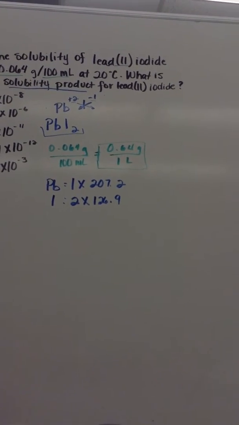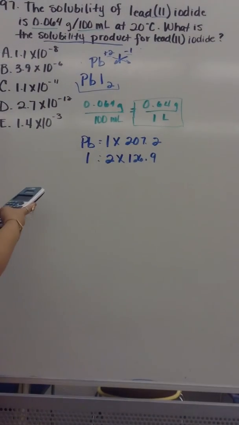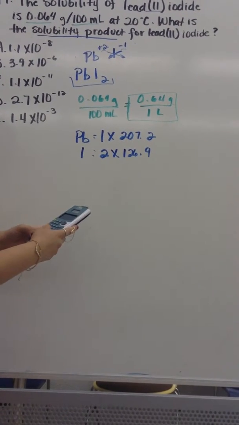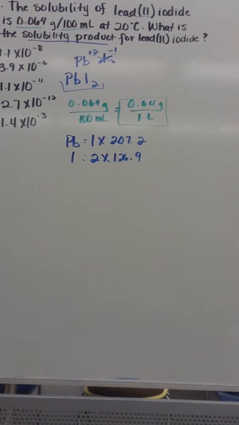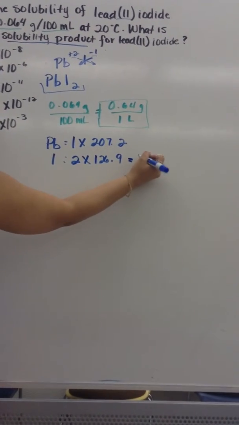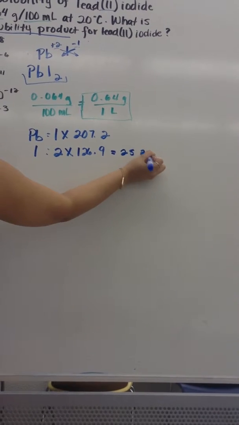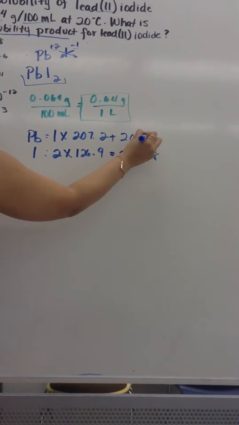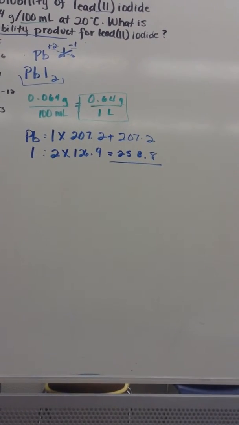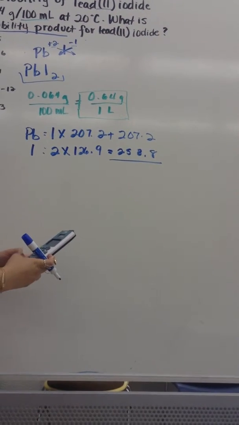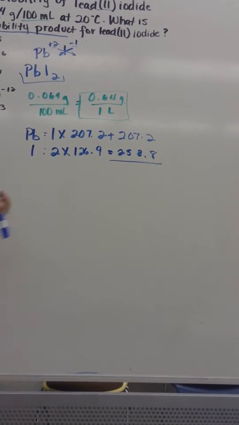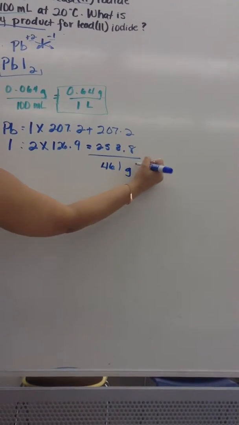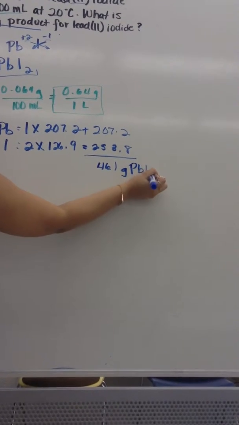You will go ahead and plug that into your calculator. And for iodide, this is 253.8, and you're just going to add the 207.2 from lead. And the total will give you 461 grams of lead-2 iodide.